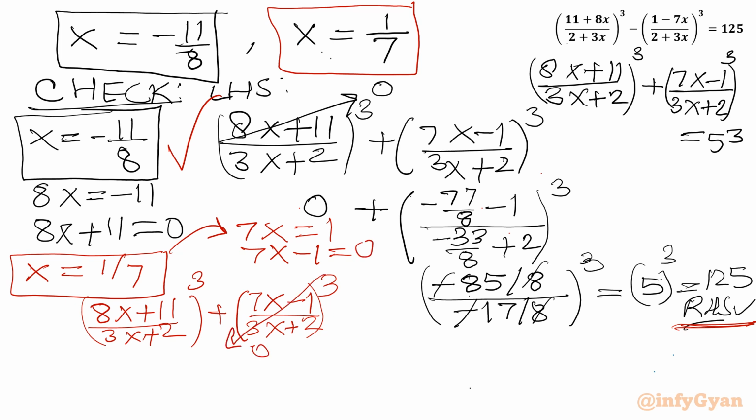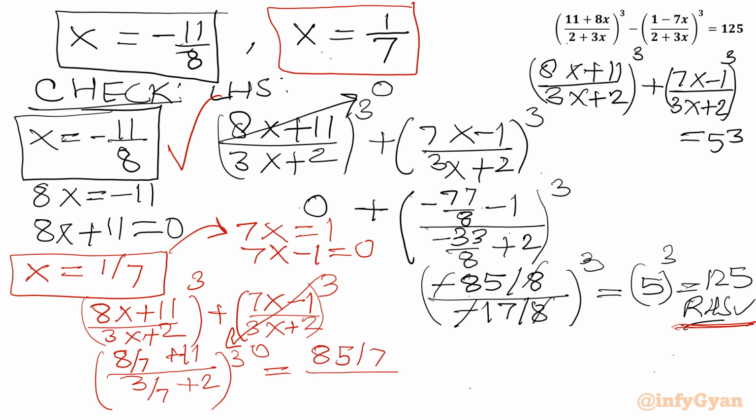Now we have to only calculate 8x. So 8x would be 8 over 7 plus 11, over 3x would be 3 over 7 plus 2, whole cube. Now 77 plus 8, so it would be 85 over 7.